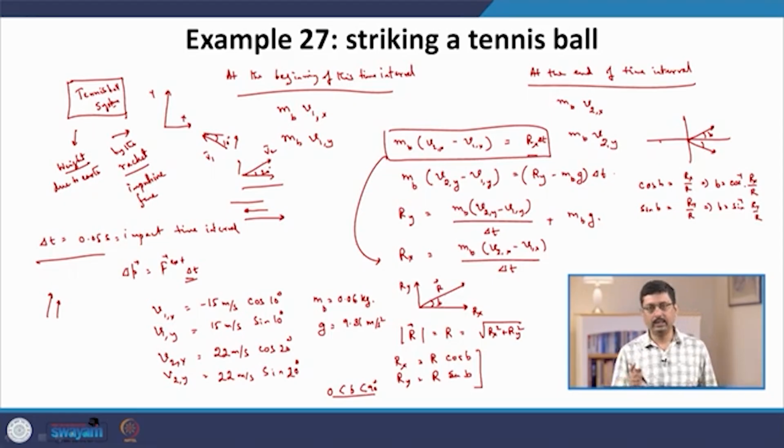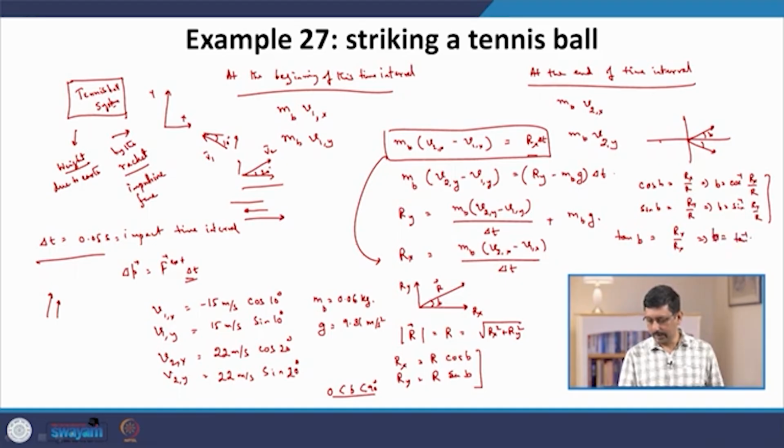Then you get a unique answer, because you check both of them. Usually textbooks mention calculating tan of B, which is Ry by Rx, which means B is equal to tan inverse of Ry by Rx.